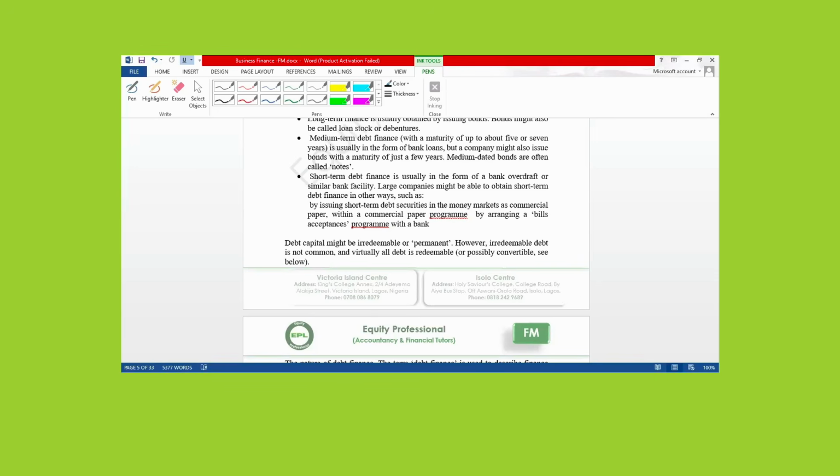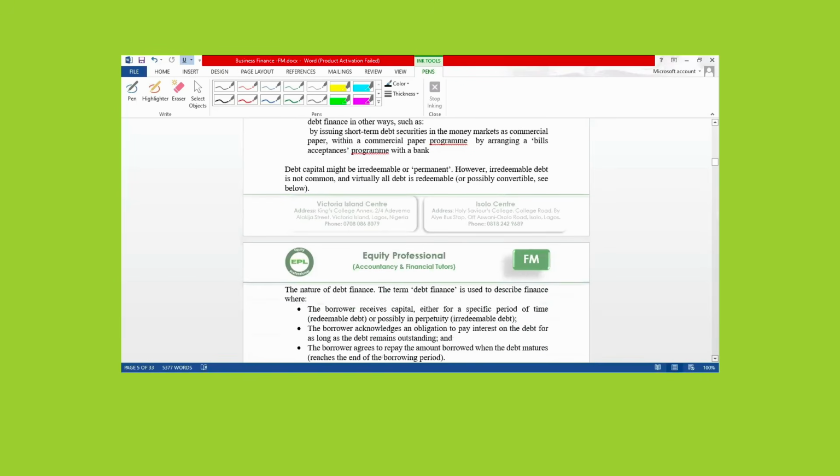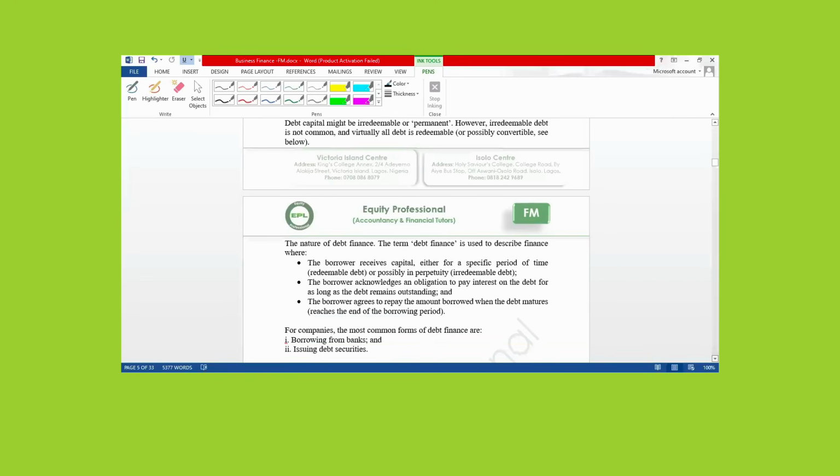We also have convertible debt. Convertible debt instruments are debt instruments that provide options to the debt holder to convert the debt to equity.